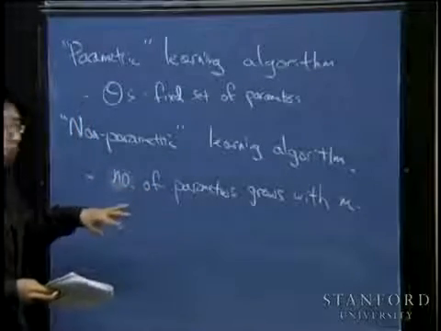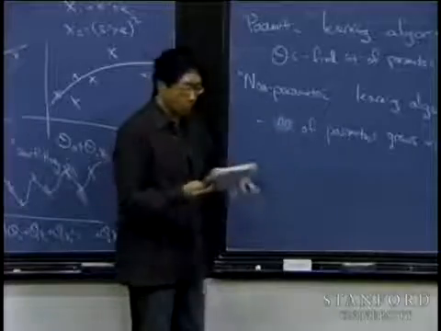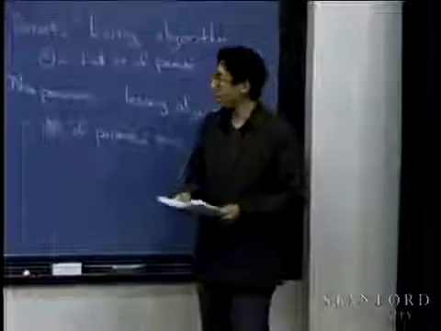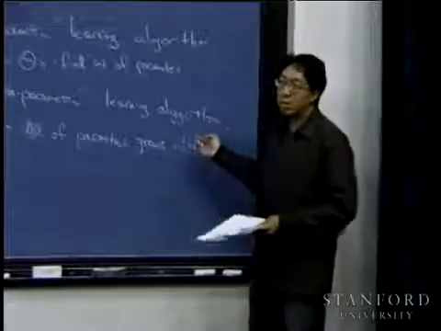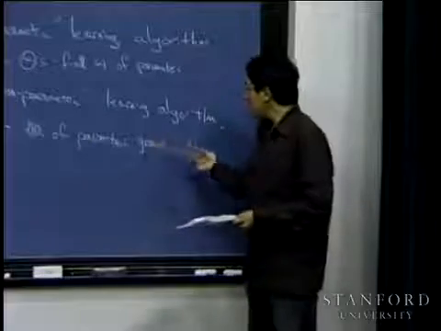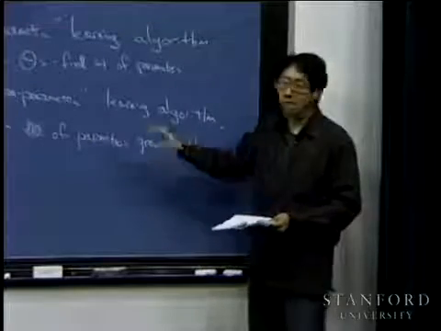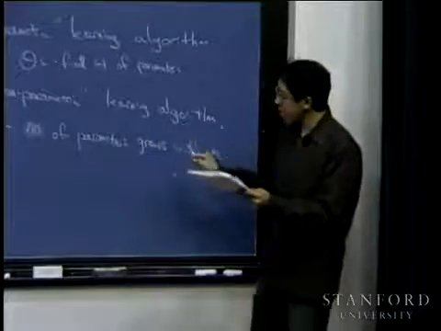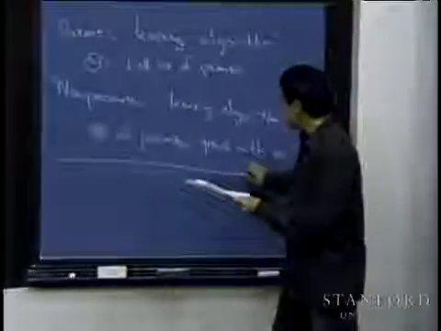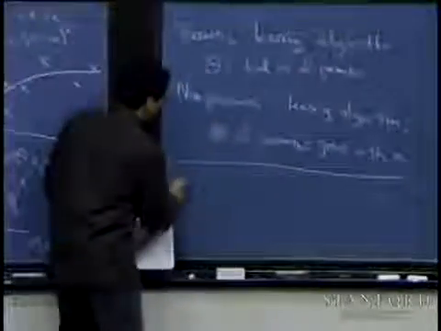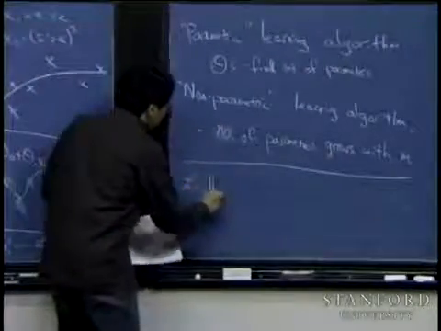A slightly less formal definition is that the amount of stuff your learning algorithm needs to keep around will grow linearly with the training set. Another way of saying it is that this is an algorithm that will need to keep around an entire training set even after learning. Okay, so don't worry too much about this definition, but what I want to do now is describe a specific non-parametric learning algorithm called locally weighted regression.